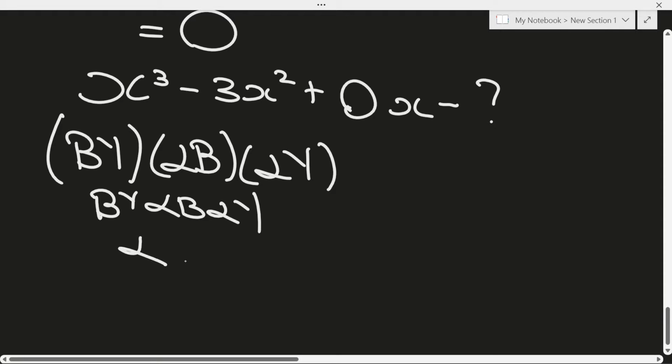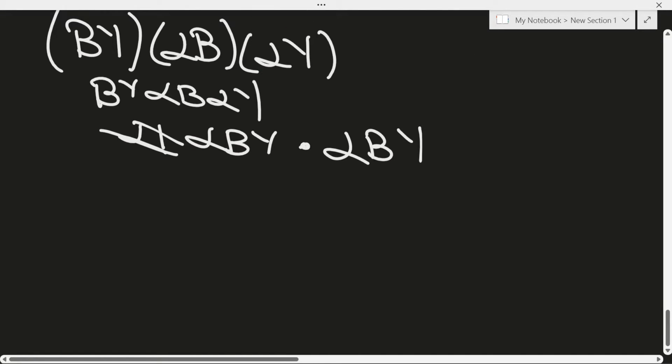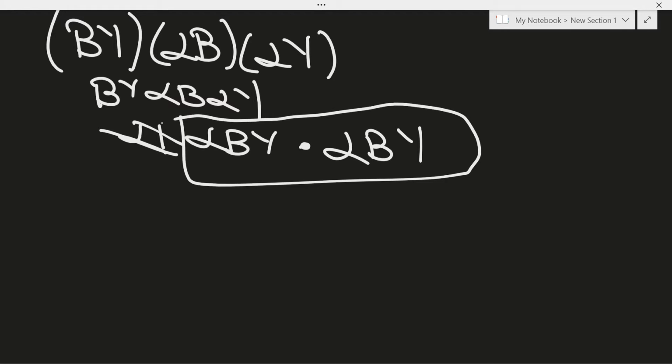It's the same thing as saying alpha beta gamma times alpha beta gamma, right? And this is a multiplication, so this is not alpha beta gamma dot alpha beta gamma. I hope you understand that by now. And so if we have this, it is a lot easier to do.